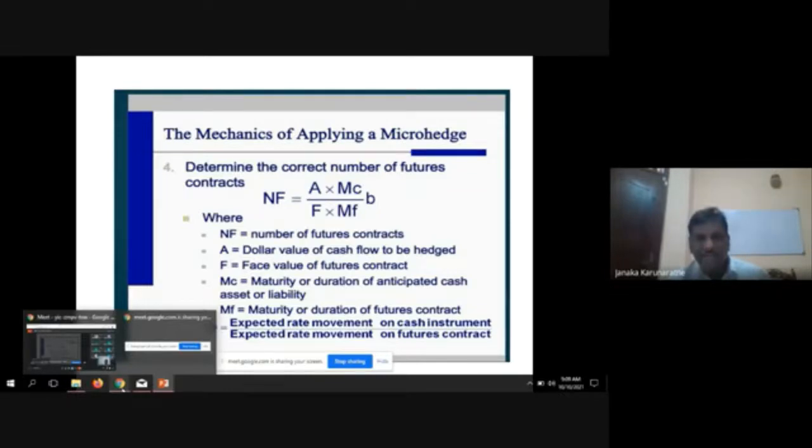Then P equals expected rate movement on the cash instrument divided by expected rate movement on the futures contract. So using this formula, you can identify how many contracts I should buy or sell, depending on my risk exposure, to cover up my risk, right?